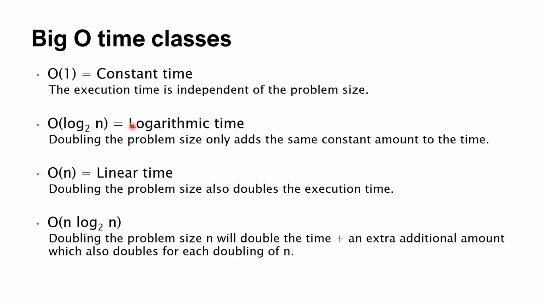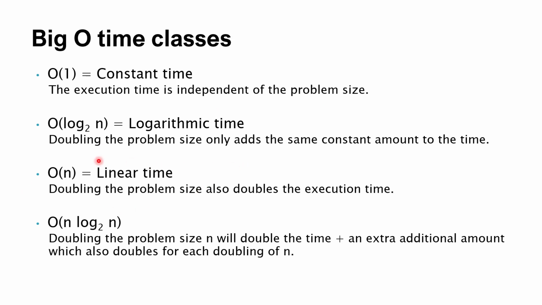We also have logarithmic, which is also really good, meaning that if we double the problem size, we're only adding a constant to the time. It is slightly worse than constant time, but still really good if we are sorting elements or searching.